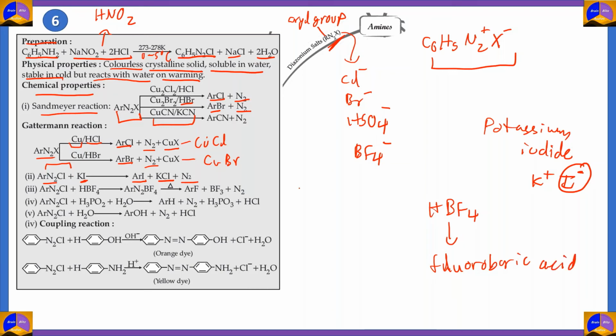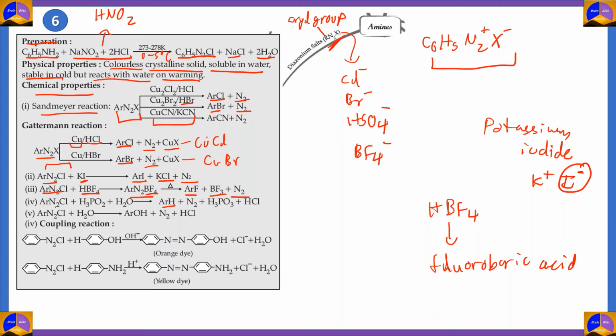So the diazonium salt reacts with fluoroboric acid to form an arene diazonium fluoroborate. BF4 is fluoroborate. This arene diazonium fluoroborate, on heating, decomposes to form aryl fluoride, BF3, and N2.